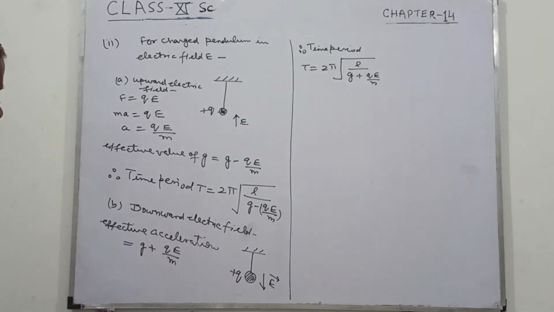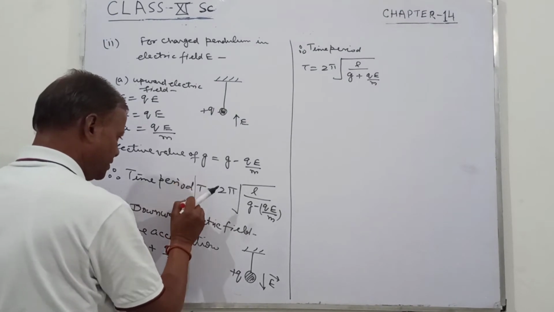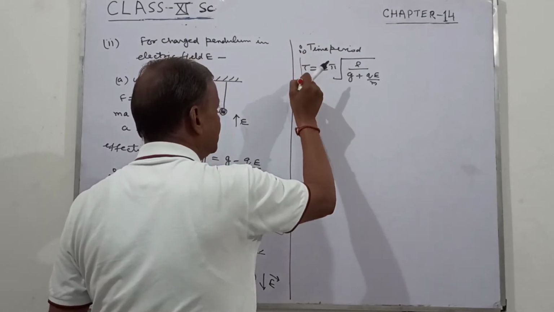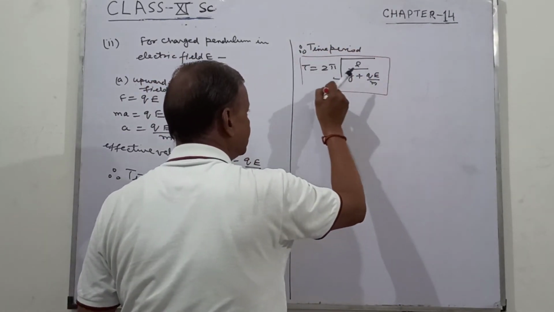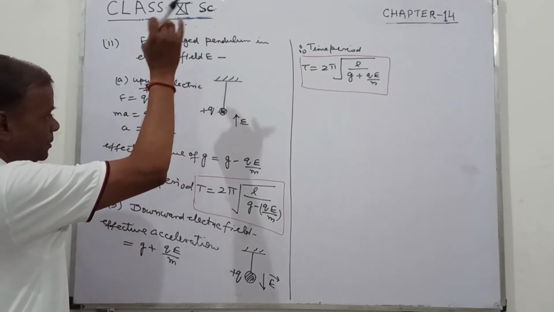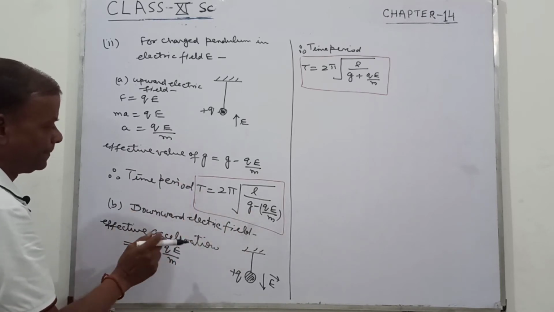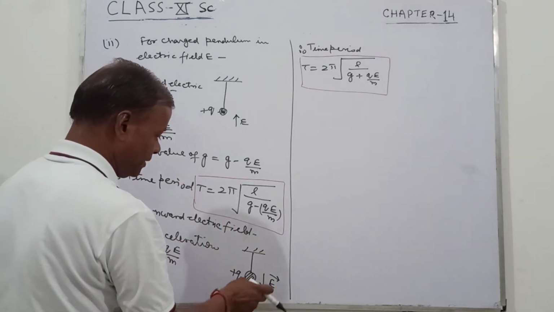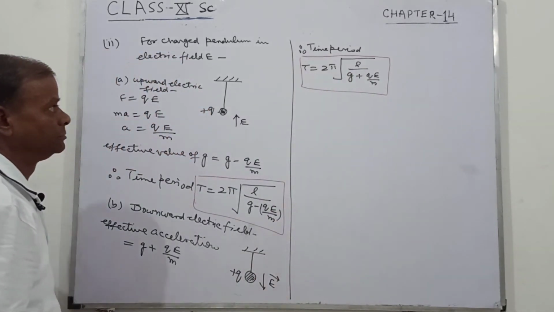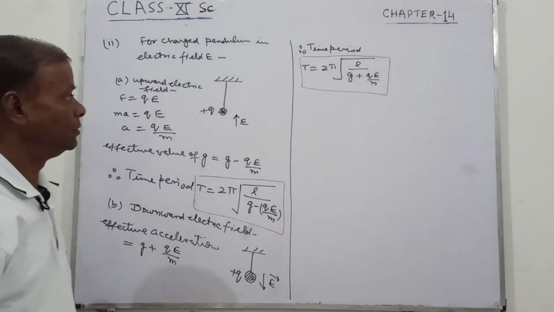So you can see the time period is so much, and this time period is so much. So when it is a positive charge and the electric field is upward, then the time period will increase, and when the electric field is downward on a positive charge, then the time period will decrease. So these are the effects of the electric field.